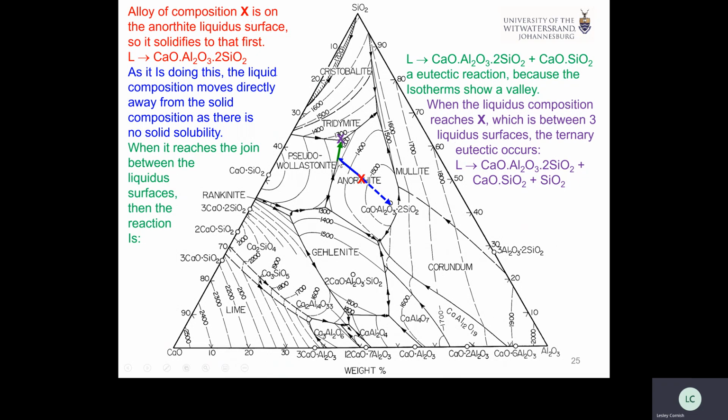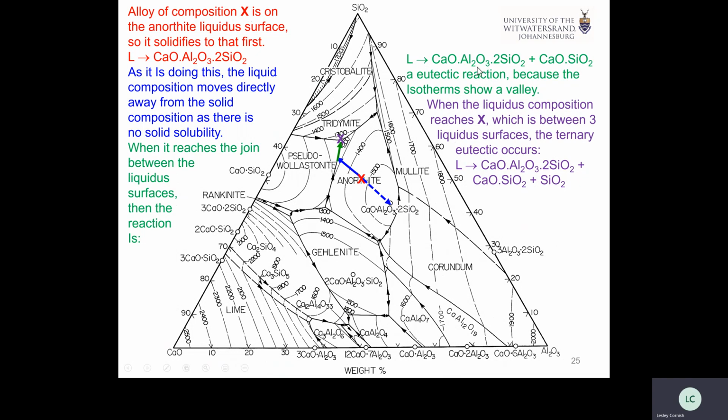Then you get to the junction between these two liquidus surfaces. So now we know we've got a univariant going on. So the liquid is going to form a eutectic of pseudo-wollastonite and more anorthite. How do I know that? Because this is a V. Then it's going to run down here all the time having that eutectic.